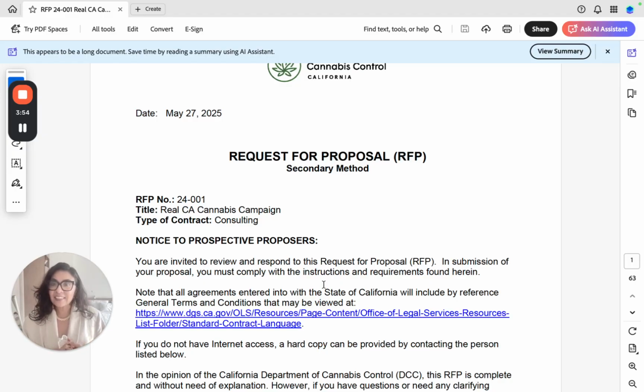Second, create a compliance matrix, and you can do that in an Excel document or a Word document, and you just want to create a table and have 4 columns.